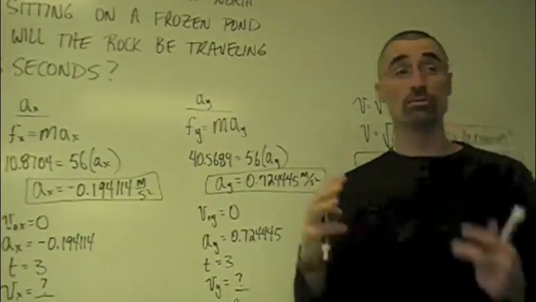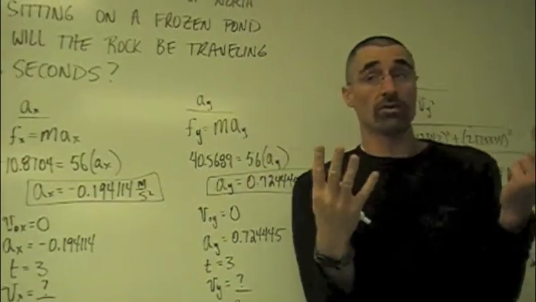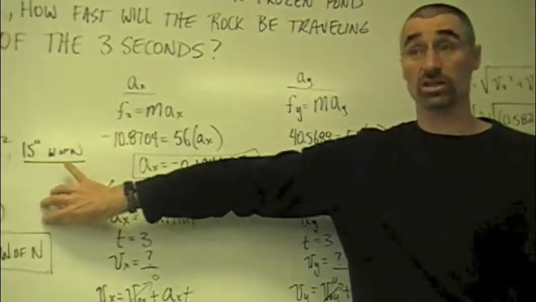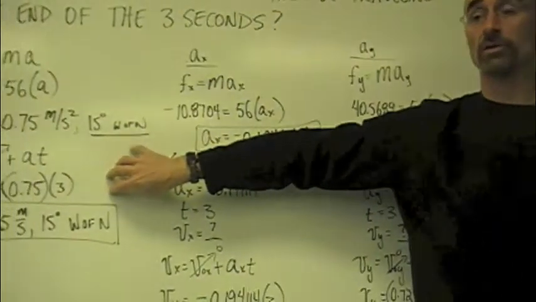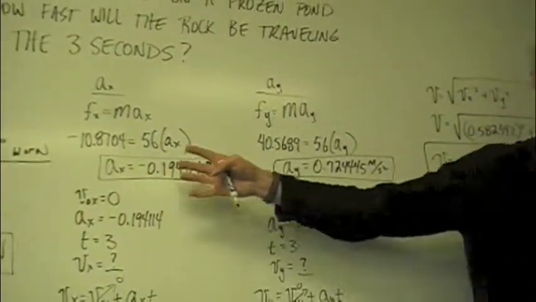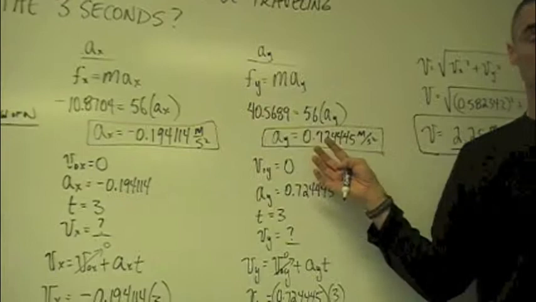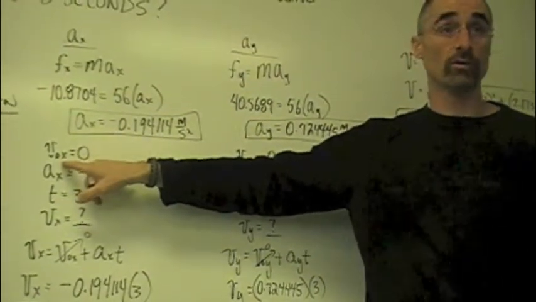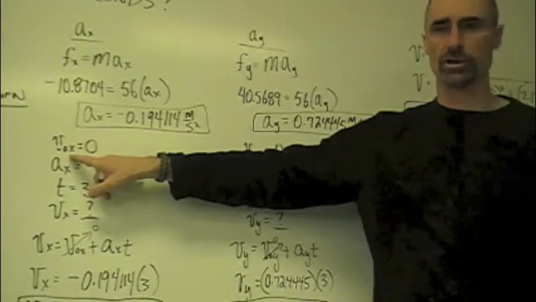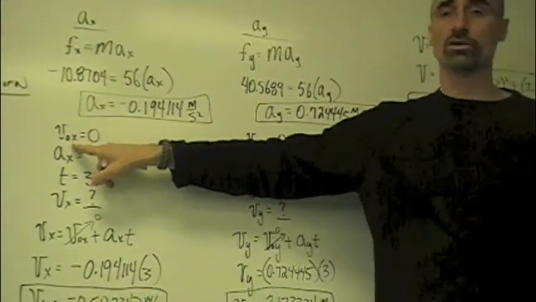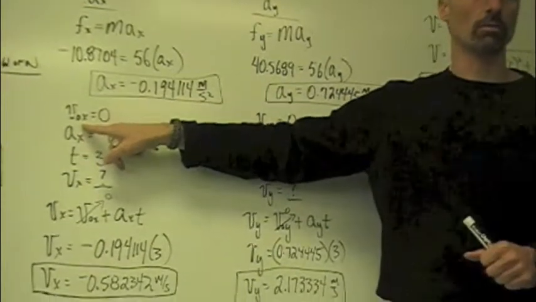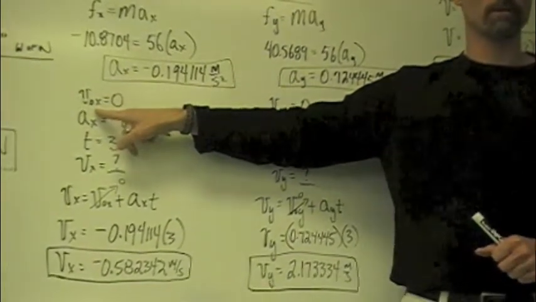Well, if it's moving in one direction or in both directions, you can't just use this one. You can only use this when it's stationary. Okay, if it was moving, you'd have to do this method here. And your V naught would not be 0, it would be whatever velocity you have in that direction. And I'm going to show you one of those because I think it's one that you want to see, and it's really similar to your last homework problem. Okay? Any questions?